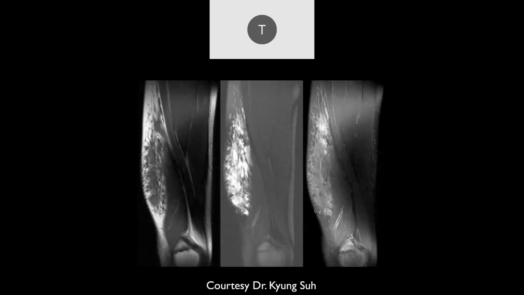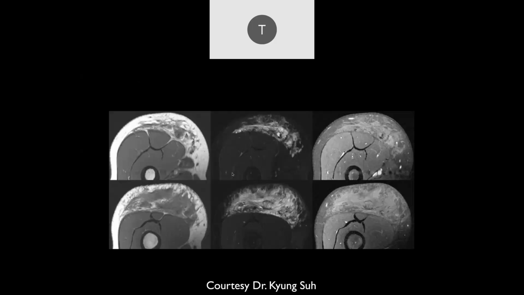And kind of ill-defined region of low T1 and high T2 signal intensity. Yeah, it just looks very regular, non-mass-like appearance to it. Yeah, this was a lymphangioma.